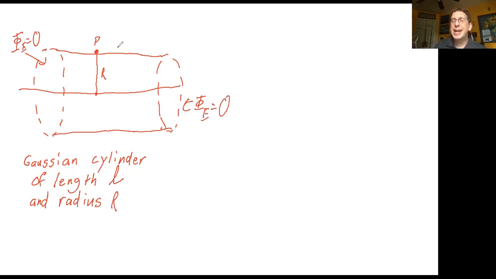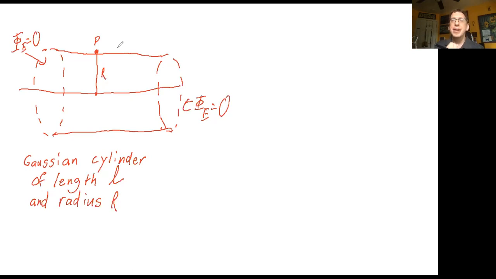Given the symmetry of the problem, the electric field is going to be pointing directly out of the cylinder at all the points on the rounded portion, as opposed to the flat circular faces.